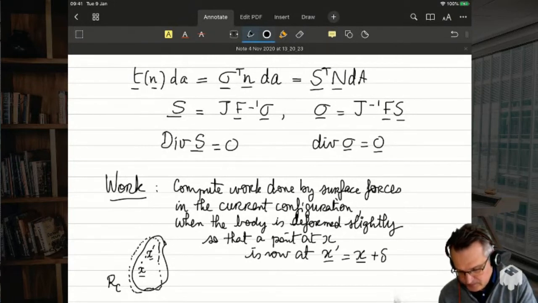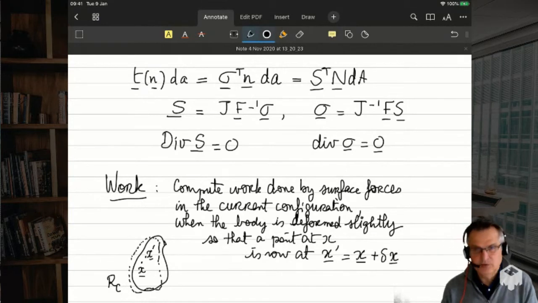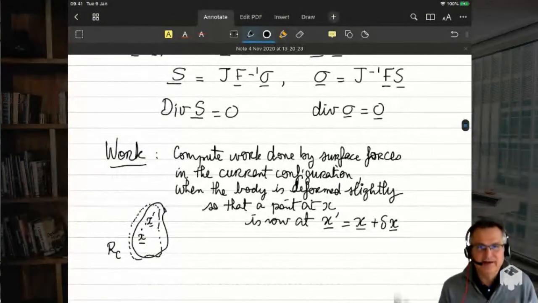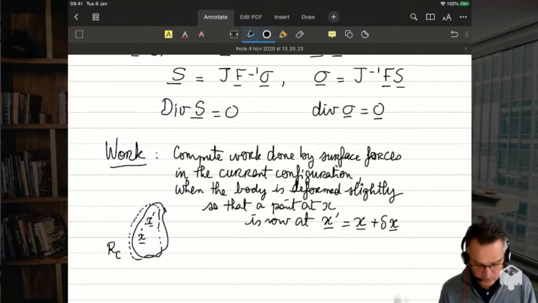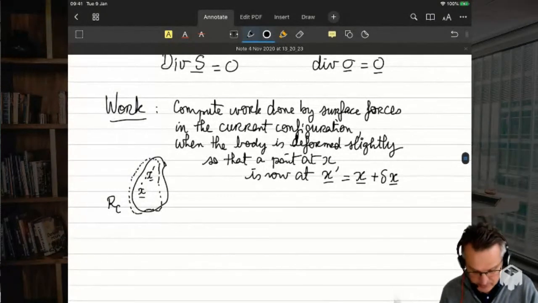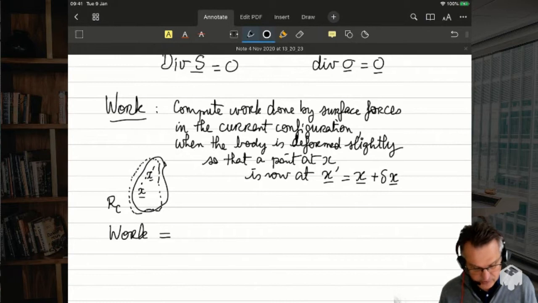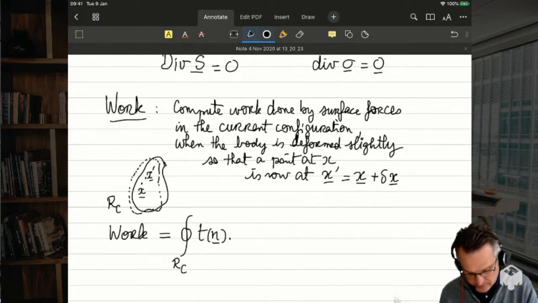And I'm going to say that the difference between those two positions is small. I'm going to denote that as delta x. Delta x means small, infinitesimal. All right, so now if I write the work done by the surface forces, there are only surface forces. So it's the forces times the displacement.